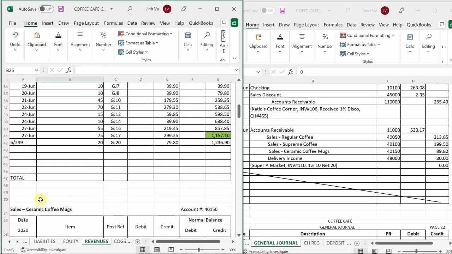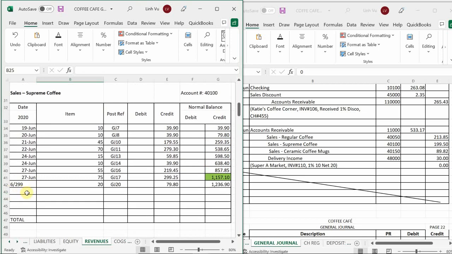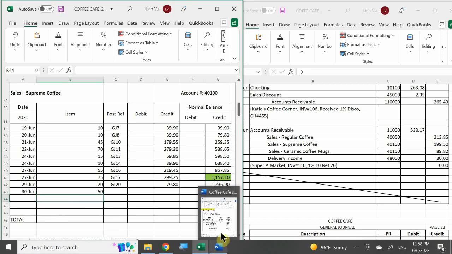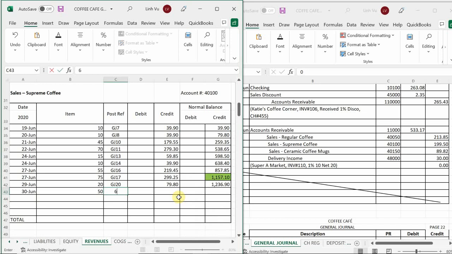We also sold 50 pounds of the Supreme coffee for a grand total of $199.50.